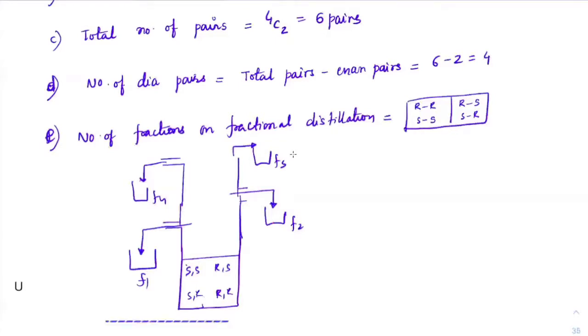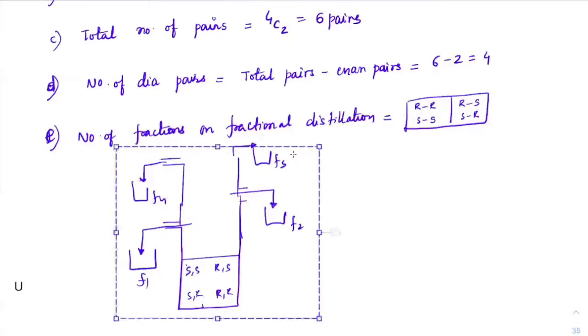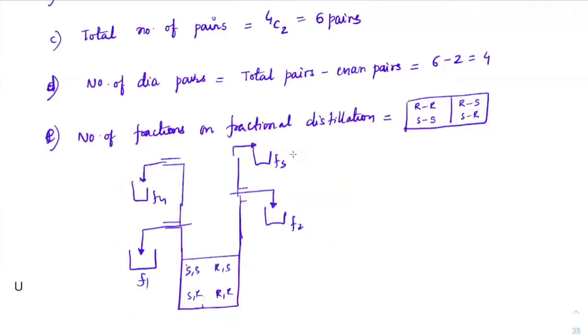Sir, we can separate RR, RS and RR, SR, no sir? Correct, those two, and SS, RS and SS, SR. Total 4 are possible, no sir? No, I'm saying you have only 4 compounds. When you're taking a mixture in solution, you have only 4 compounds.